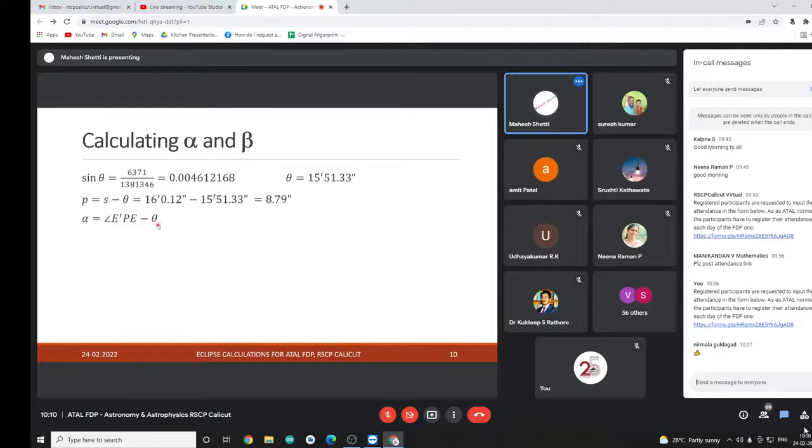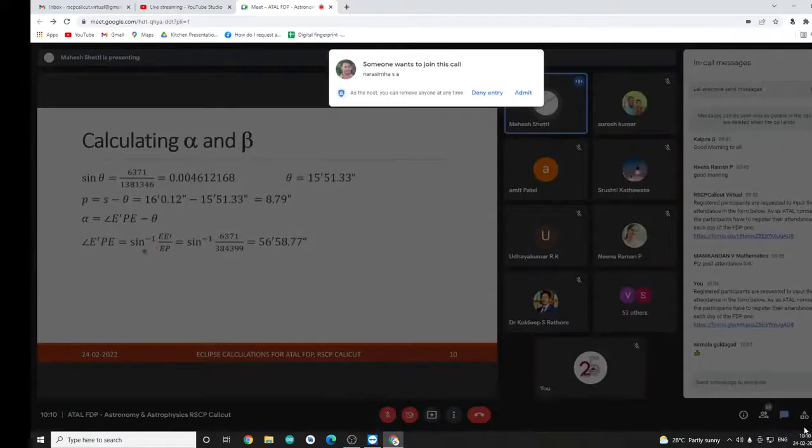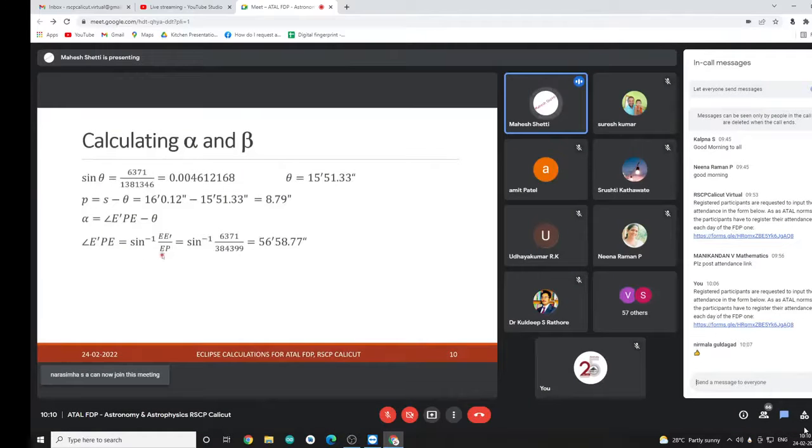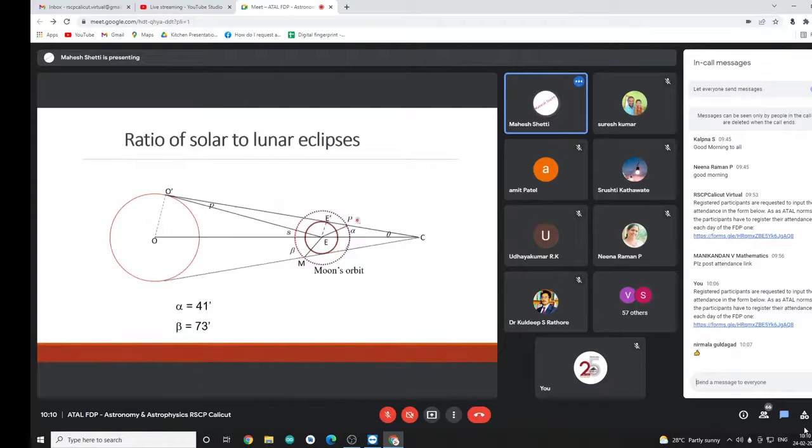Now let us write this angle. E dash PE is sine inverse of E dash upon EP. We are using the property of the right angle triangle. Let me go back to this; I am interested in the sine of angle E dash PE.